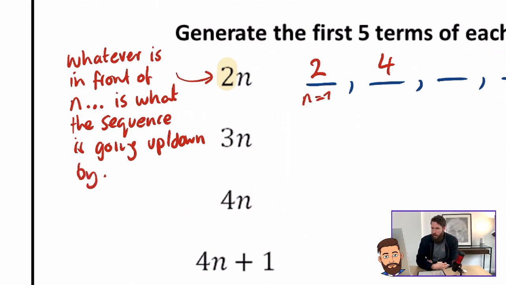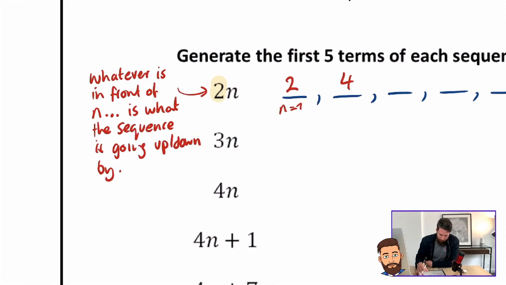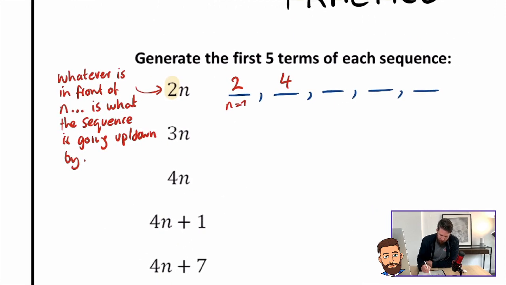Okay, so whatever's in front of the n is what the sequence is going up or down by. So if we have got 2 in front of my n here, I know this sequence is going up by 2, and this is quite straightforward. Yeah, we can just see this. So the next one, without having to substitute n as 3 in, which is easy anyway, I can just realise, okay, I know it's going up in 2 because it's 2n, so I can just add 2 each time.